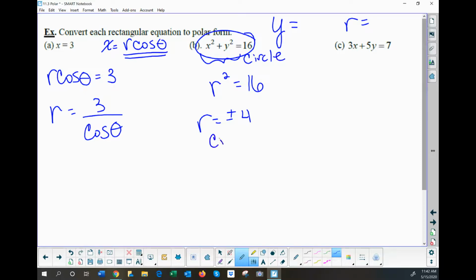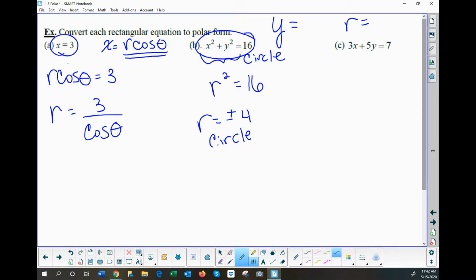Well, then this is the equation for actually the same circle, but we wrote it in 2 different ways. So either I can hit all the angles in reverse mode, plotting out -4, or I can hit all angles in a positive 4 radius mode. Either way, I'm going to get a circle centered at the origin.